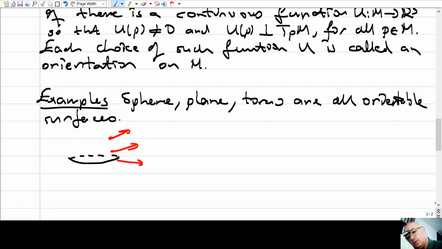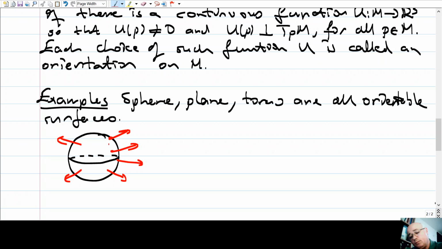So this is one choice of normal vectors, a continuous Euclidean vector field defined on the sphere.